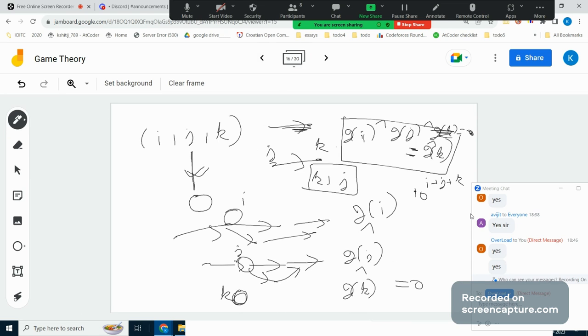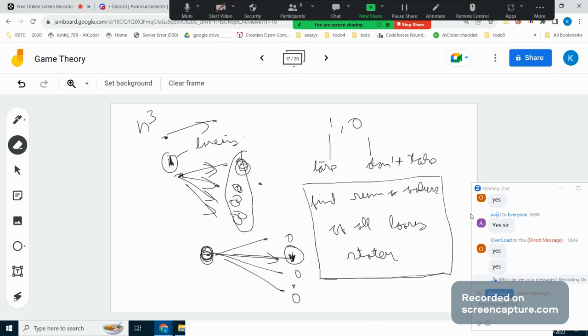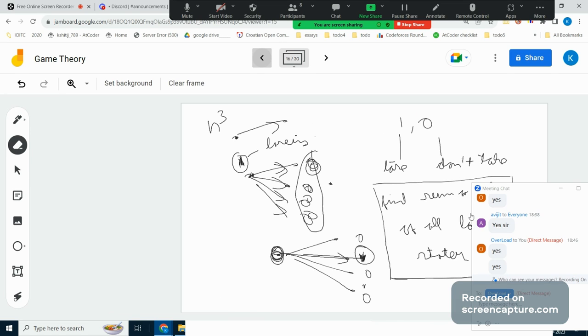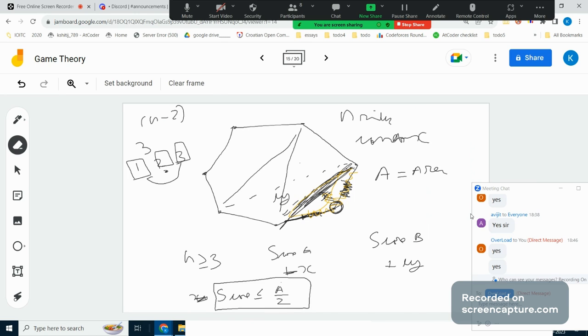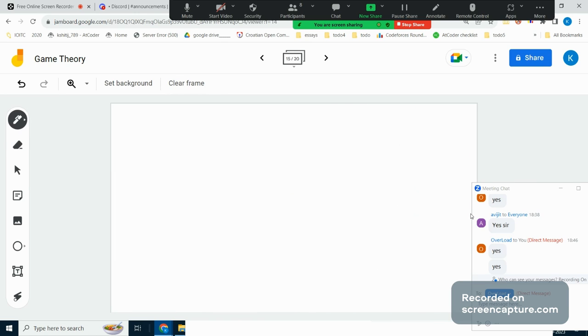And now we get to the original problem. So gi XOR gj equal to gk are the losing states. i is of the first graph, j is of the second graph, and k is of the third graph.